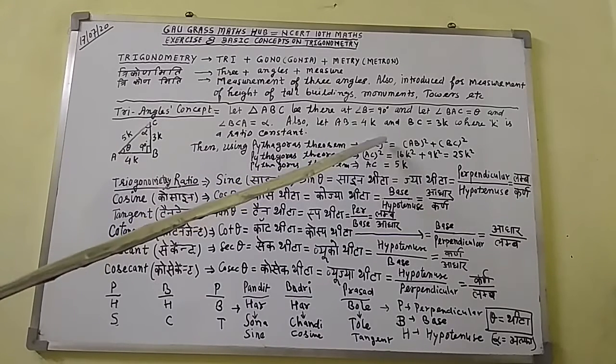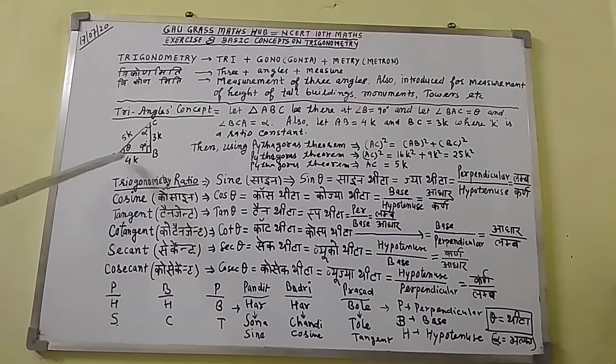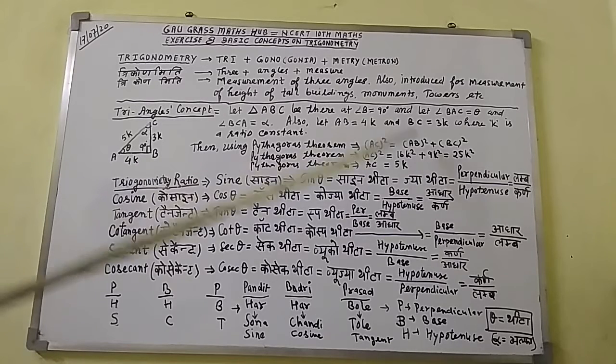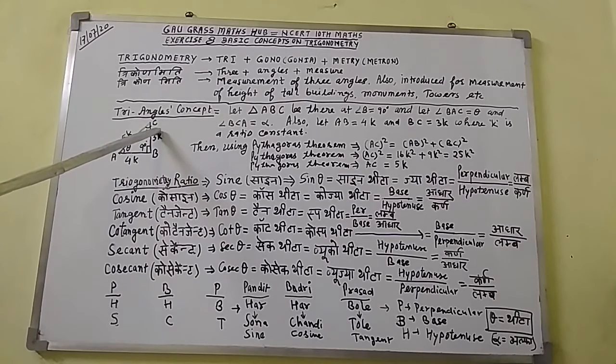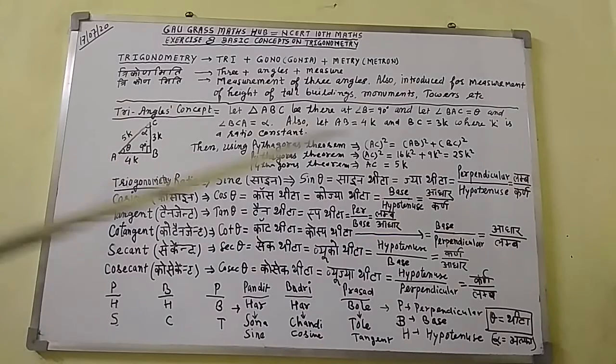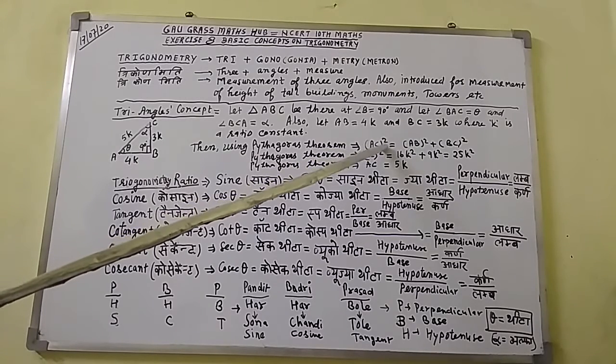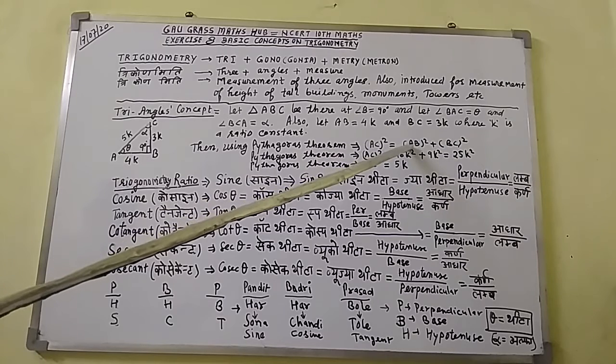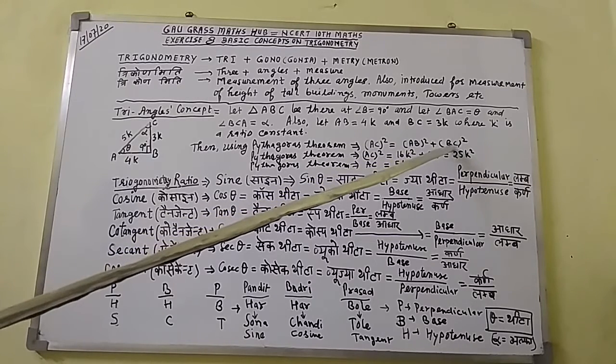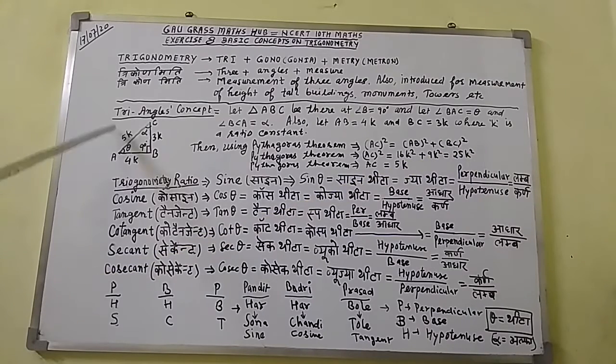With respect to angle theta, AB will be the adjacent side, known as the base of the right angle triangle, and BC will be the perpendicular. So here I have written hypotenuse squared equals base squared plus perpendicular squared with respect to angle theta.